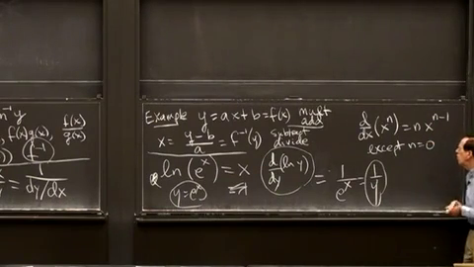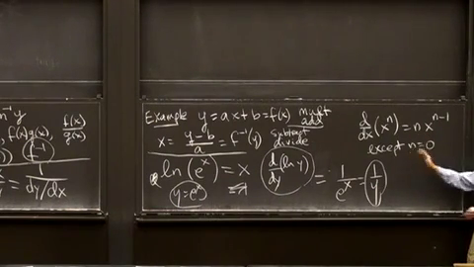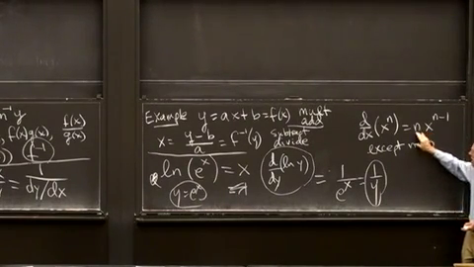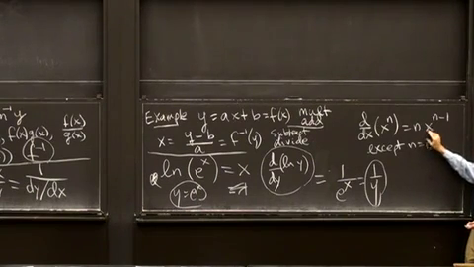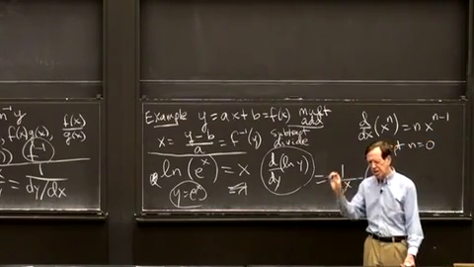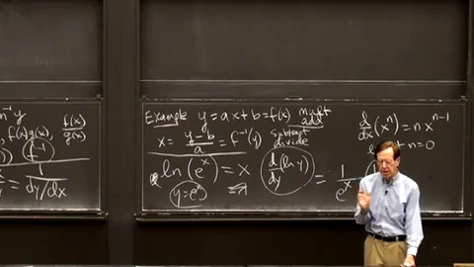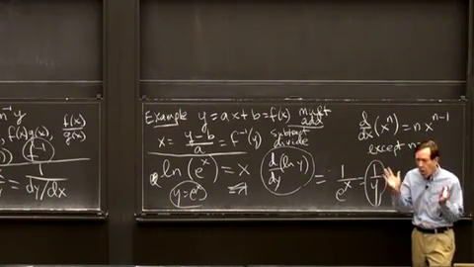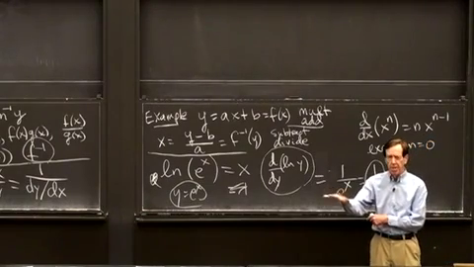The formula doesn't fail when n is 0, but what fails is that the right-hand side is 0, and I don't get the -1 power. No power of x produces the -1 power when I take the derivative. So that was like an open hole in the list of derivatives.